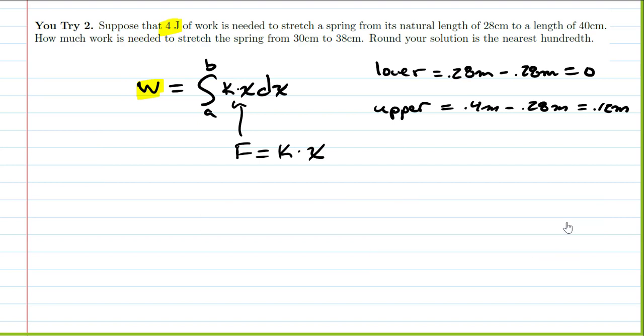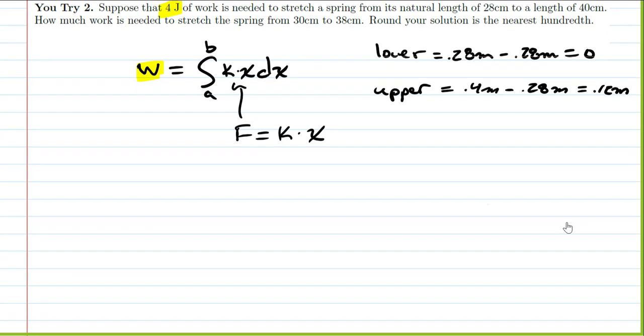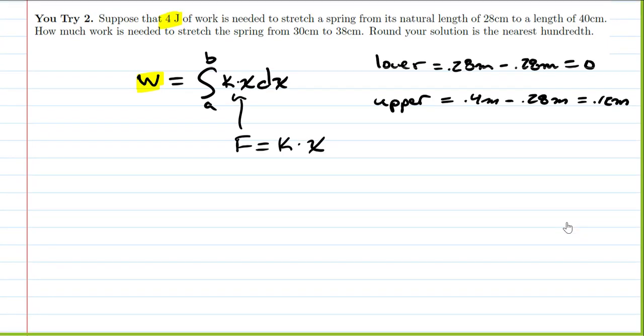So we then can use that to help us solve for our constant k. So we get the equation 4 is equal to the integral from 0 to 0.12 of kx dx.